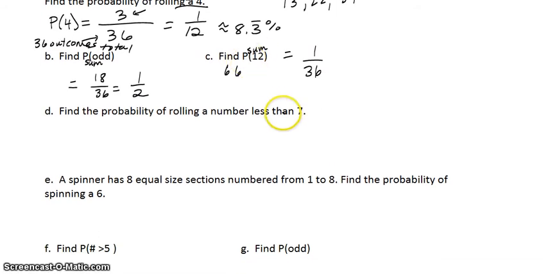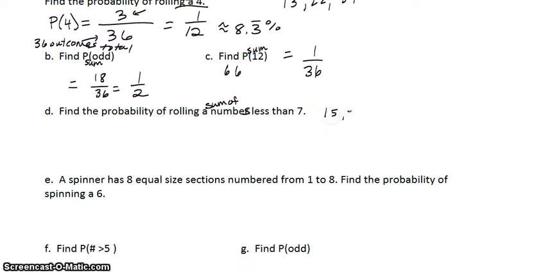Find the probability of rolling a number less than 7. And what I mean here is the sum is less than 7. I'll fix that next time I do this. Sorry about that. Find the probability of rolling the sum of numbers less than 7. So I'm looking at my dice sample space.